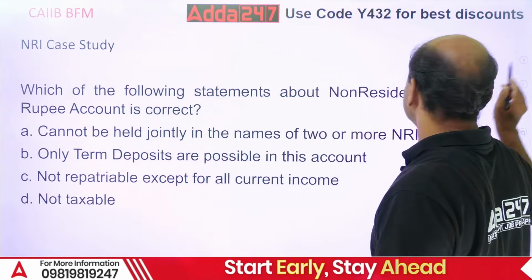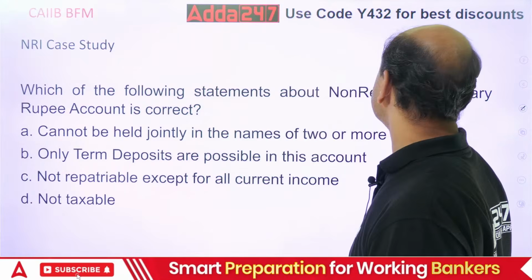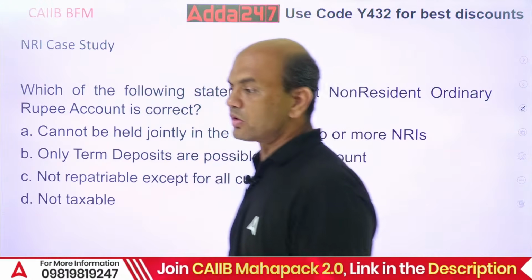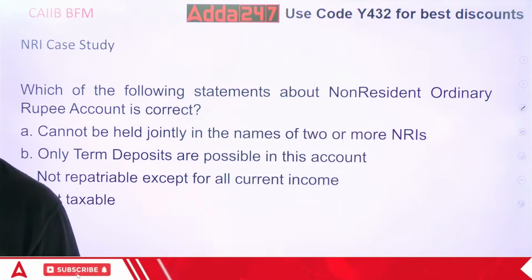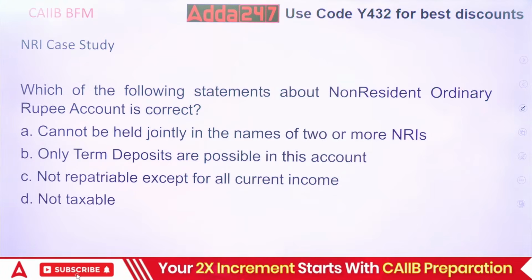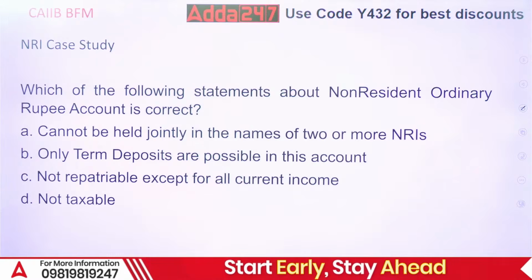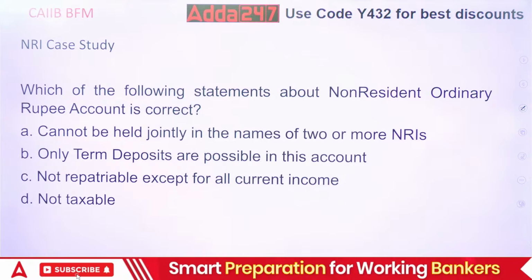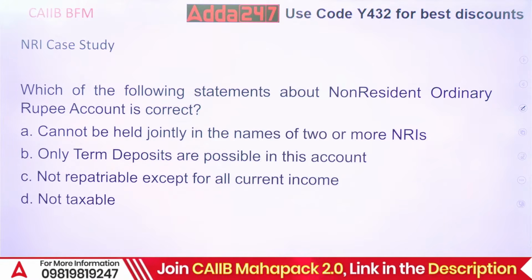Next, which of the following statements about the non-resident ordinary rupee account is correct? Non-resident ordinary rupee account means NRO. Okay, NRO account, correct. So which of them is true about an NRO account? Cannot be held jointly in the names of two or more NRIs.